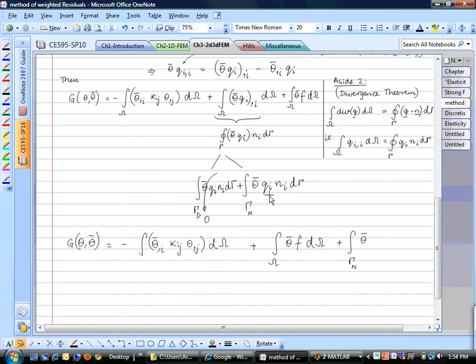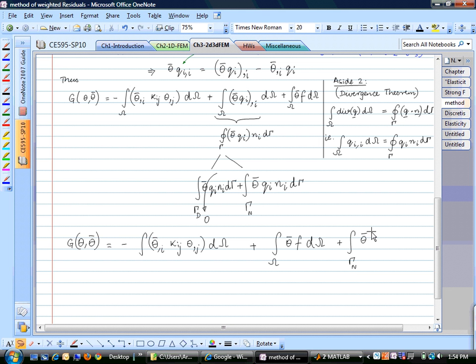This is very similar to what we had in the one-dimensional problem. We used to get u bar times u prime. And we know that u prime is strain times c. So we substituted stress, the actual applied traction, instead of this part.